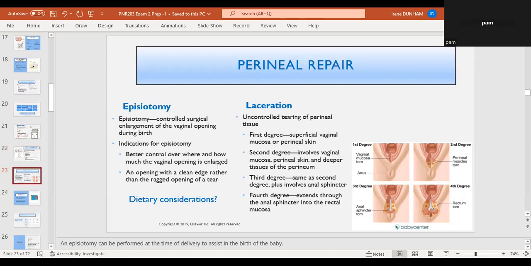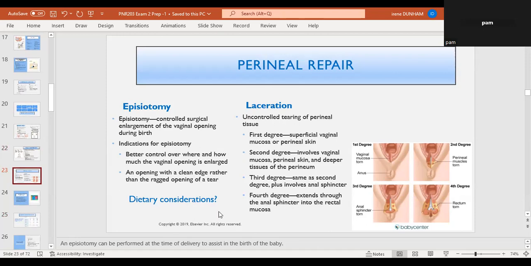A tear is much harder to repair and to heal, because a tear is jagged. So we have different degrees of this type, and you basically have your first degree, second degree, third degree, and fourth degree.